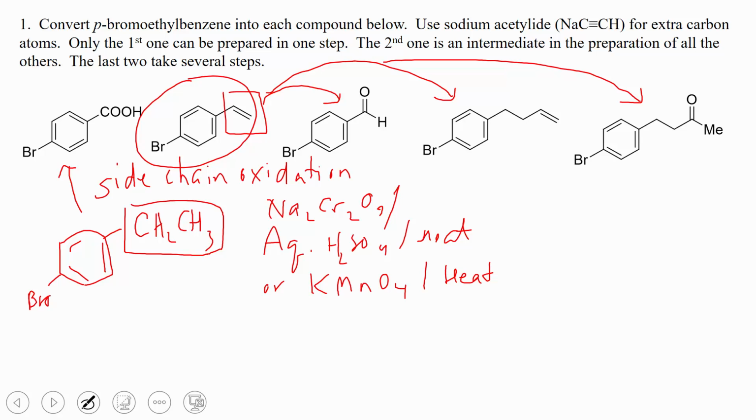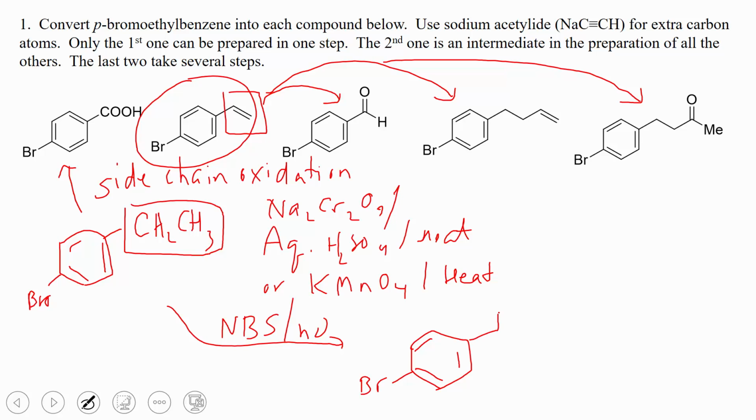The best way to do this is a 2-step transformation, where we're going to introduce a bromine, and this is going to make this compound. This is NBS, which is a reagent for accomplishing a free radical bromination.